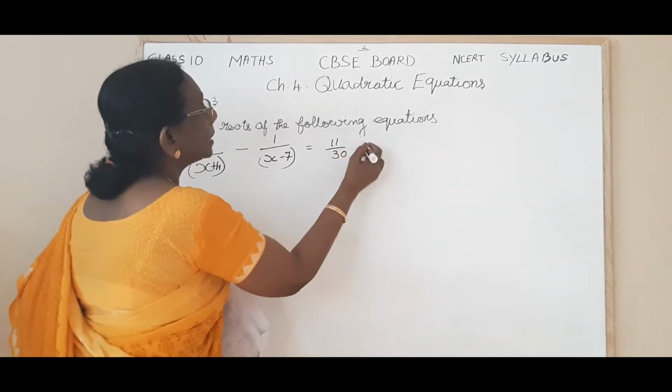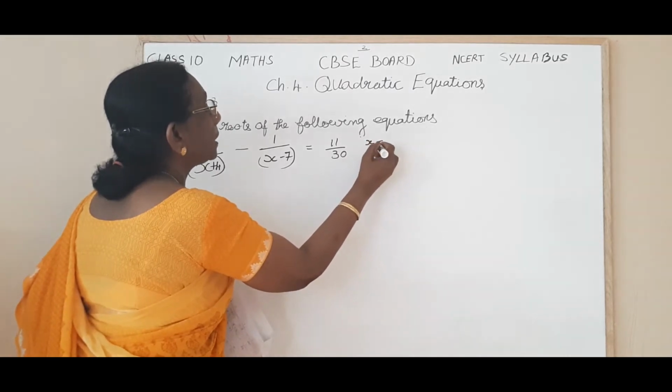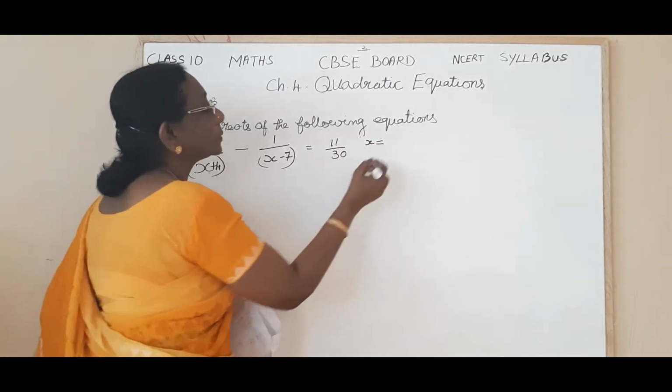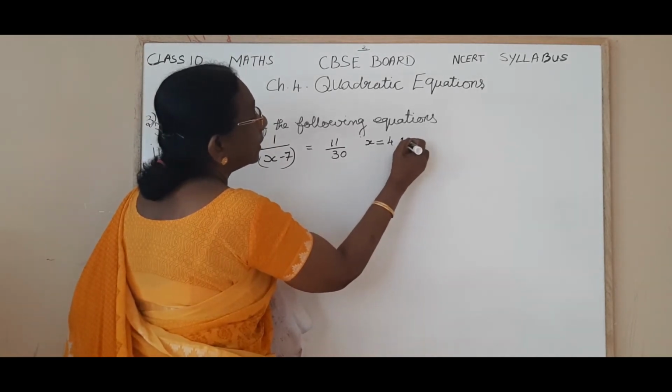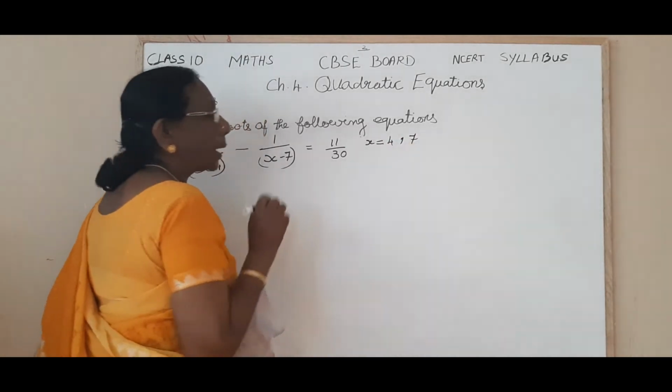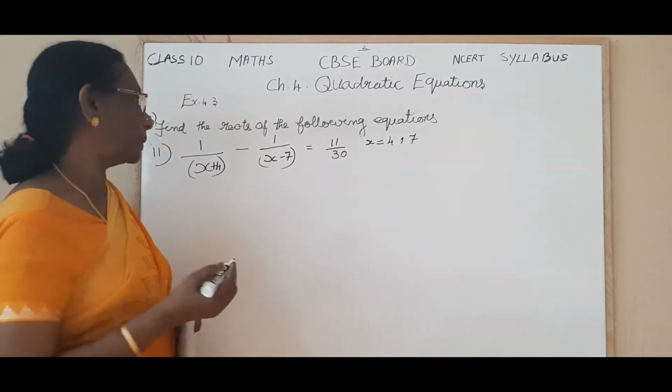And the condition is x should not be equal to 4, 7. Why? It should not be equal to 4 and 7.